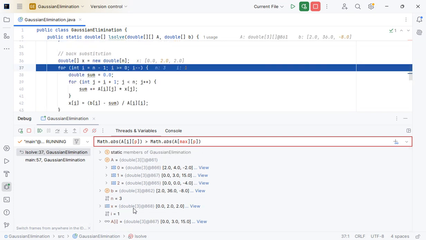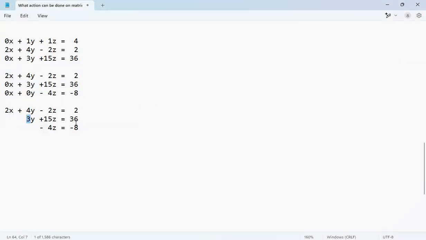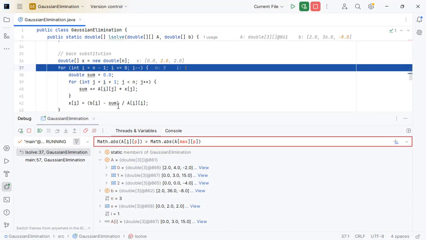Now you calculate, and xi is 2 also, you see, because it was 36 minus 30. It was 6 divided by 3, it is 2. Yeah, because here it is 30, here 36 minus 30 divided by 3, it's 2.